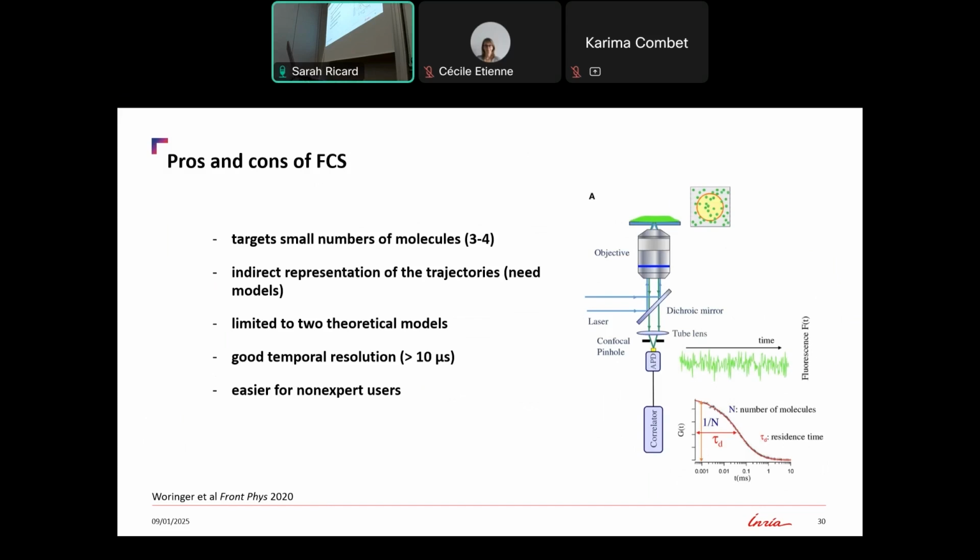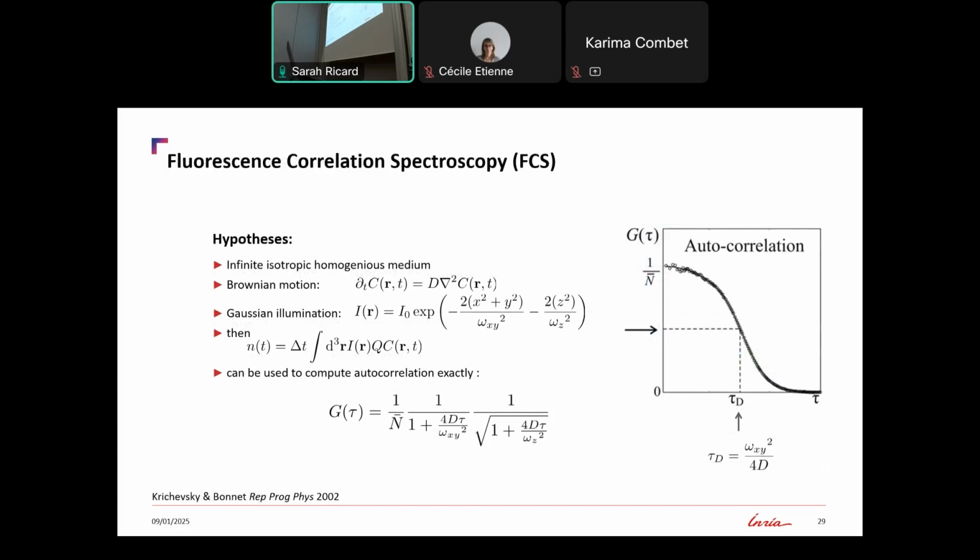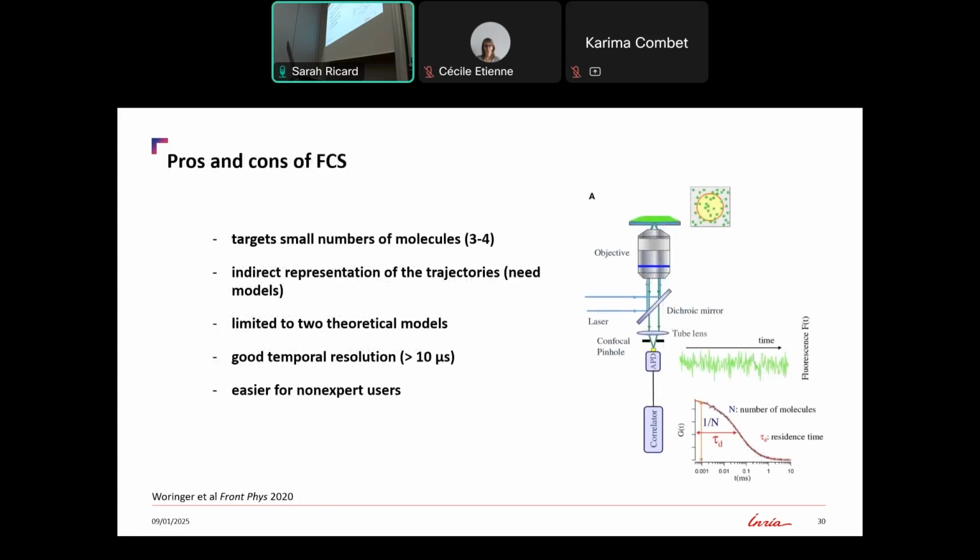And currently, as I will show you, we only have 2 theoretical models for which we know how to write this: Brownian motion, that's here, and fractional Brownian motion. So you can infer your parameters only if you have a molecule that behaves as Brownian motion or fractional Brownian motion.